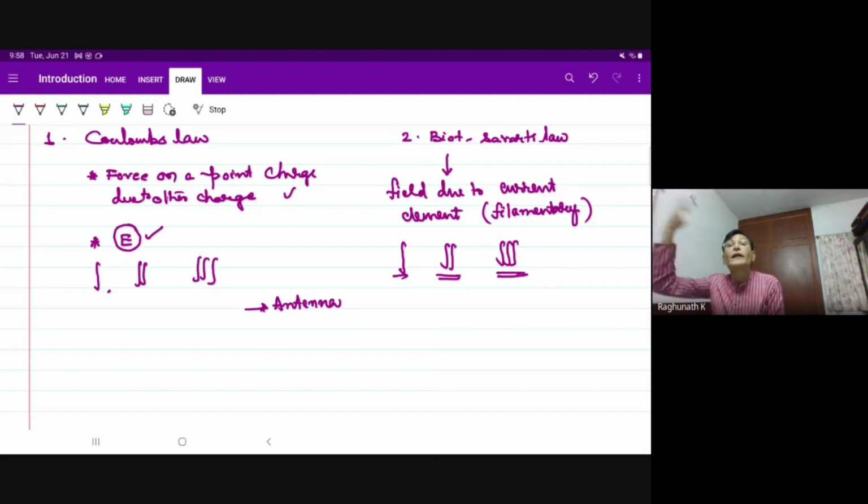When we go to antenna as a topic, this antenna is always considered to be a combination of infinitely many Hertzian dipoles. That's also a current element, carrying, of course, a sinusoidal current, because what we transmit by using antennas is always a modulated signal.